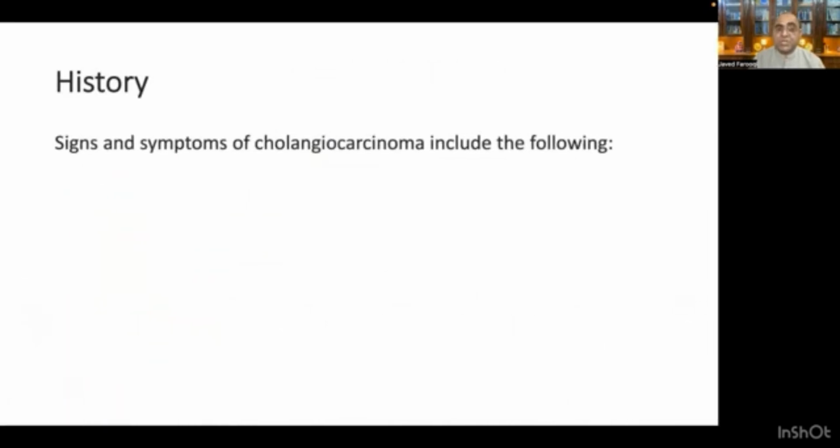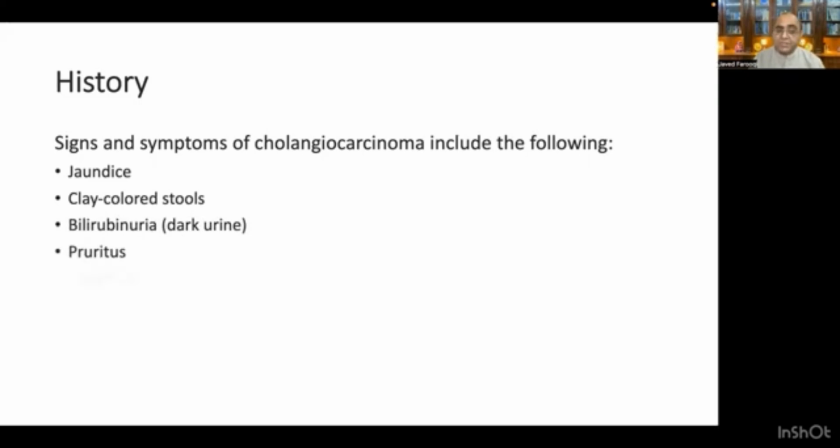If you go to the history, signs and symptoms of cholangiocarcinoma include the following: jaundice, clay-colored stools, bilirubinuria, that is dark urine, pruritus, weight loss, and abdominal pain.